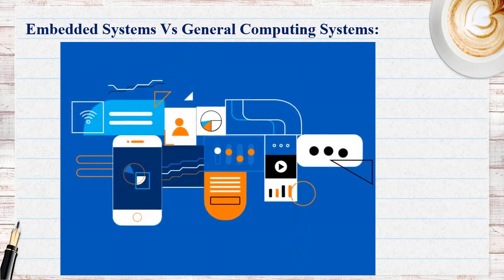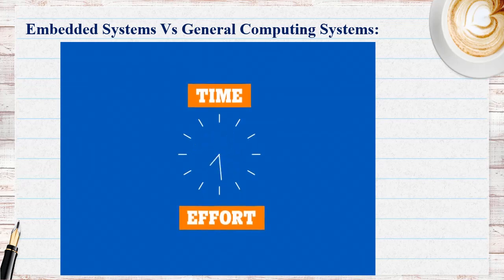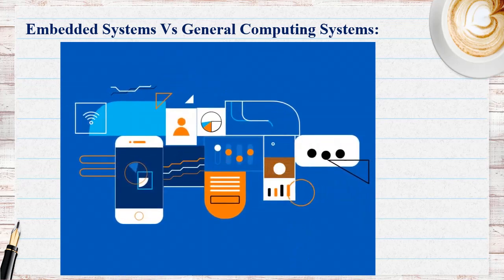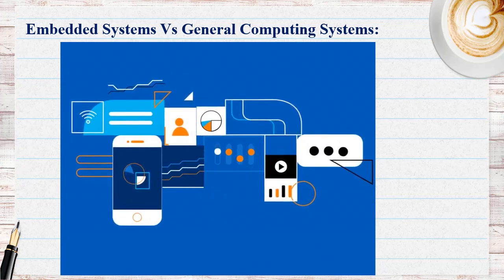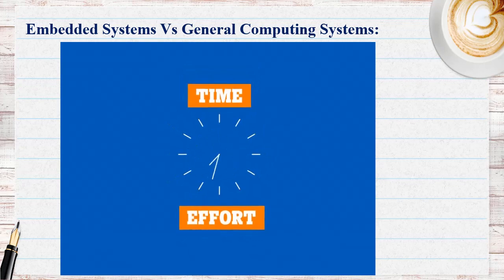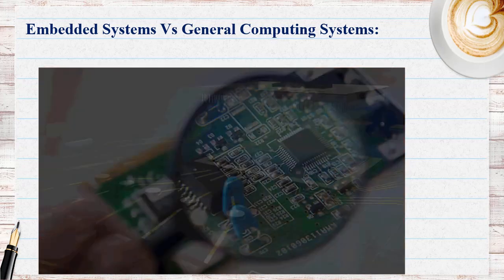The firmware of the embedded system is pre-programmed and non-alterable by the end user. But in a general-purpose computing system the applications are alterable or programmable by the user. It is possible for the end user to reinstall the operating system, and add or remove user applications.